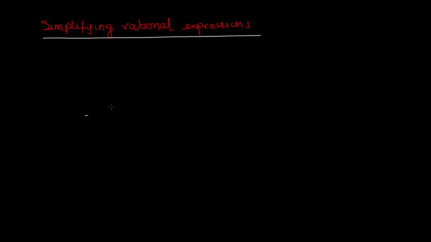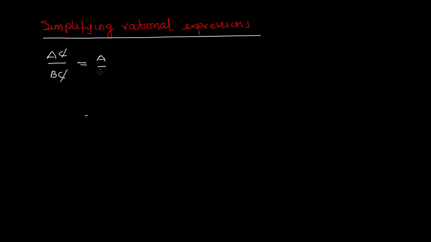Now we can look at the simplification of rational expressions. We've encountered some, but that was maybe not a formal introduction, and now we look at the formal introduction. So, for example, if I've got expressions like this, rational expressions like that, these we can simplify like that.